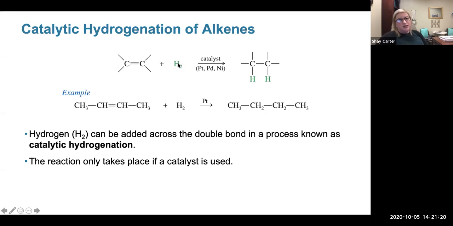We add hydrogen, and this hydrogen is typically a gas that is flowing over the surface of some sort of solid precious metal, such as platinum, palladium, or nickel. Okay, and it's a catalyst, so it's not consumed. It can be used over and over and over again.